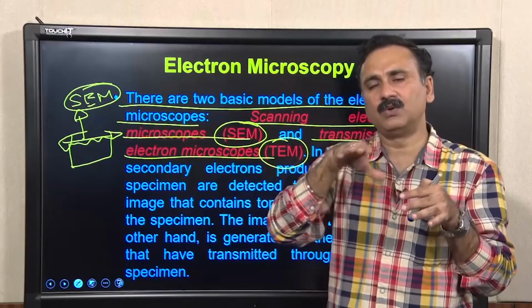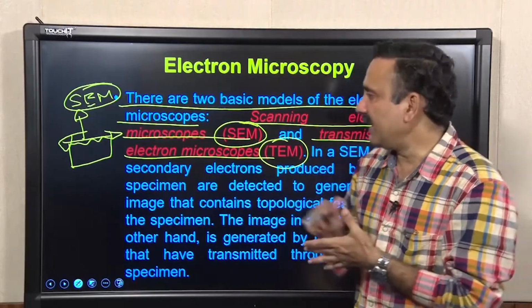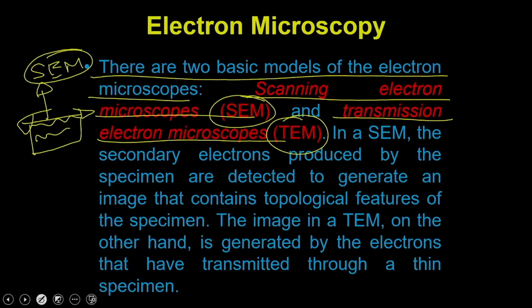So, it gives you the topology. Whereas if I am interested to know what the material is and how the structures are inside, I can cut this sample into multiple sections, and then I can see everything present inside.